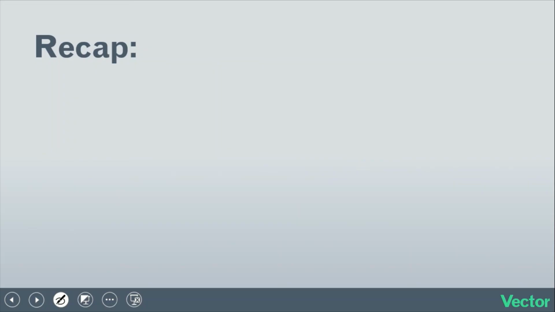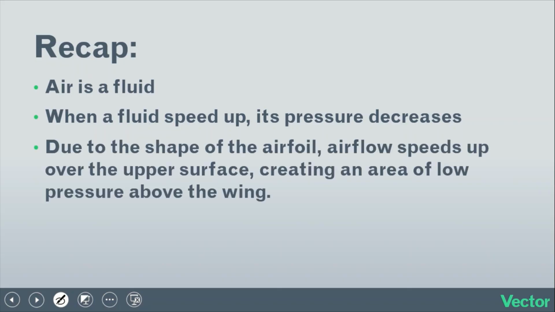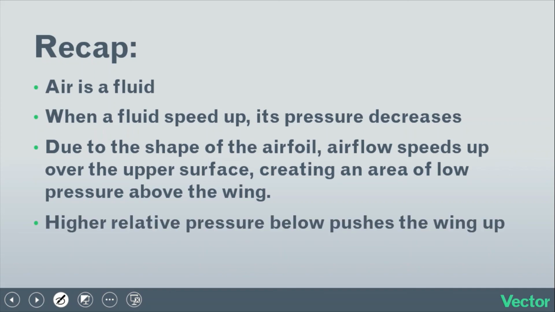Okay, so let's just do a quick recap of what we've talked about so far. Air is a fluid. When a fluid speeds up, its pressure decreases because of conservation of energy. That's Bernoulli's Principle. Because of the shape of the airfoil, the airflow moving over the upper surface speeds up, which creates an area of low pressure above the wing.